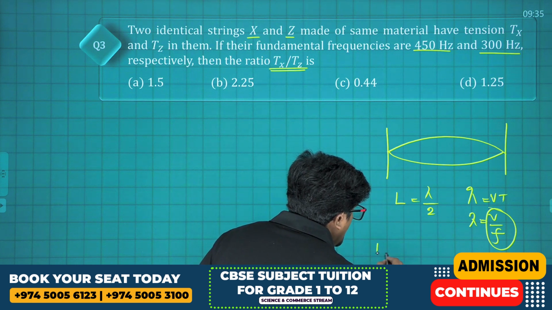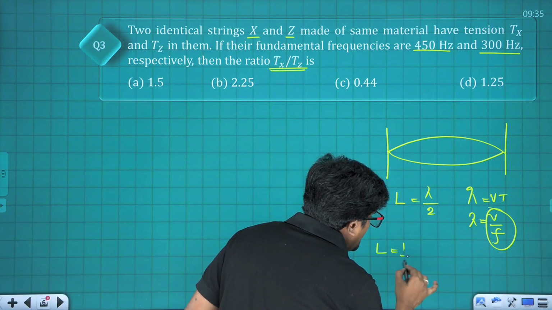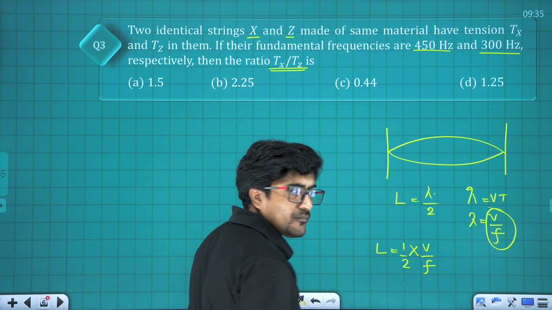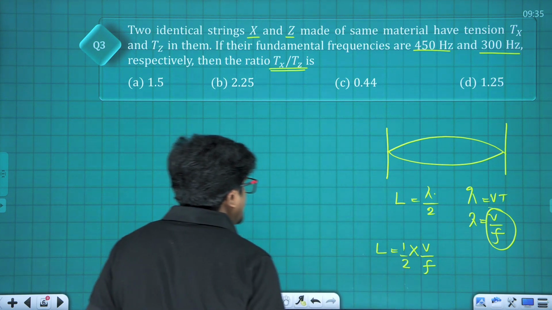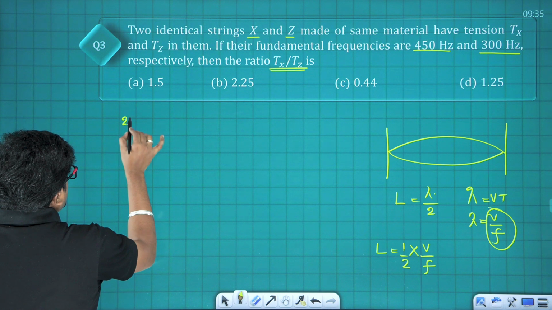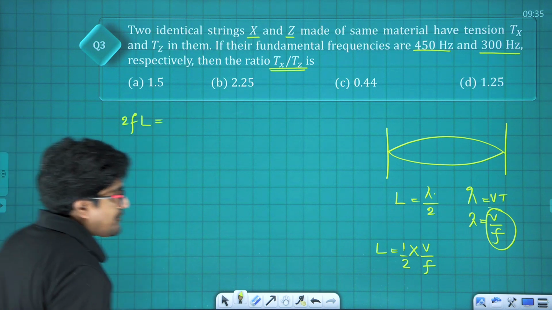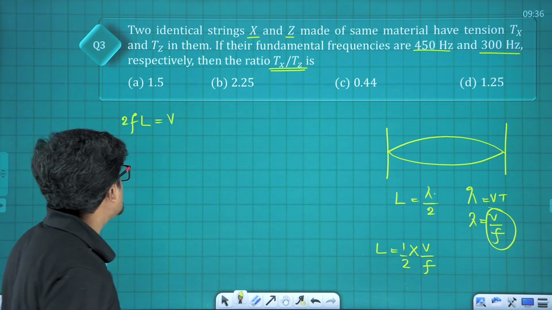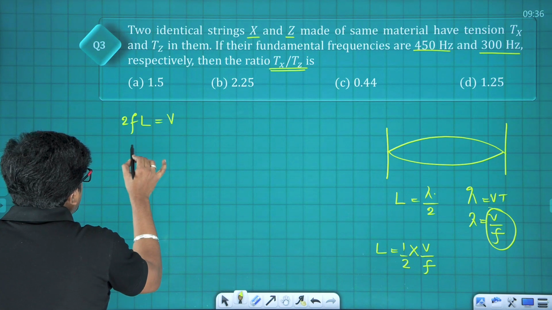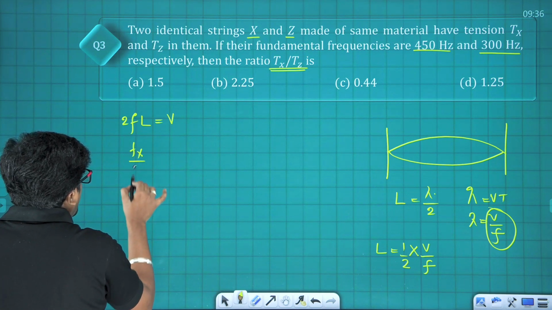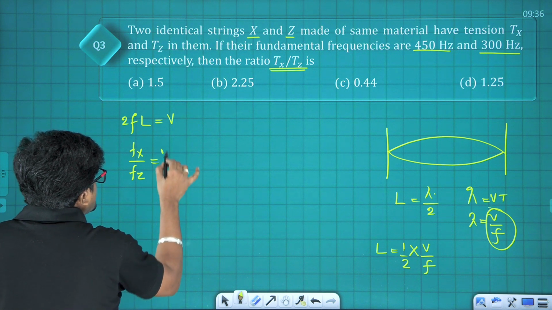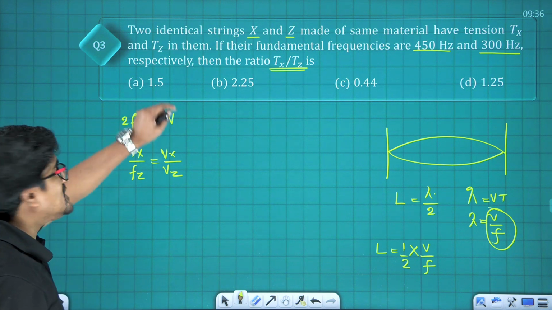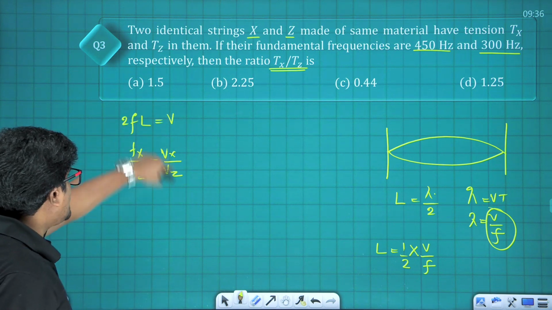L equals 1 by 2 into, instead of lambda, V upon F. Rearranging this, I may write this as 2 times F into L. I repeat, 2 times F into L is equal to V. Or I can say F of X upon F of Z is equal to V of X upon V of Z, because while taking the ratio, since the length is identical, this will cancel each other.